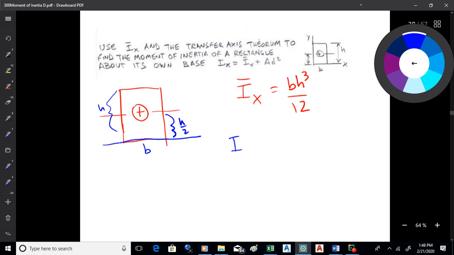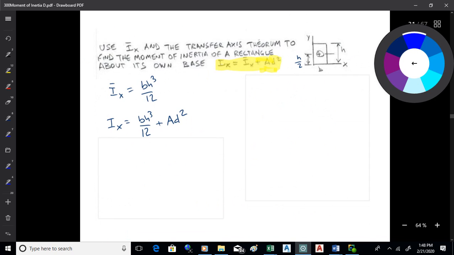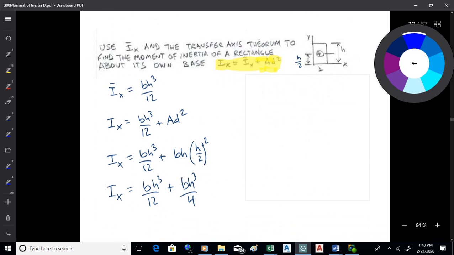So if we want to find I sub x for this x-axis down here, we're going to take I bar sub x plus A d squared. That's all we got to do. Now d is h over 2, and a is the base times the height. So we're going to take b h cubed over 12 plus A d squared, and A is base times height, and d is h over 2.